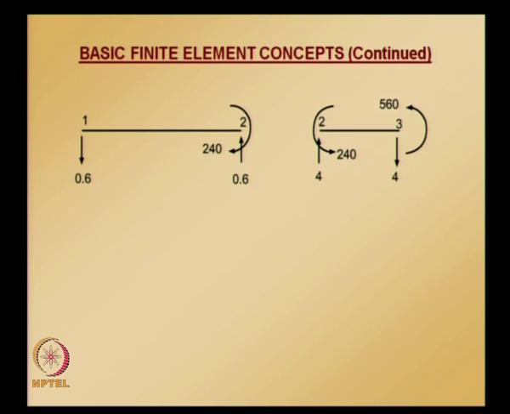So the overall equilibrium is satisfied because the sum of the reactions is equal and opposite to the applied force. The applied force is 4 kilonewton acting in the downward direction, and the sum of the reactions, 4 kilonewton, is acting in the upward direction. So overall equilibrium is satisfied. Each element as a free body is also in equilibrium.